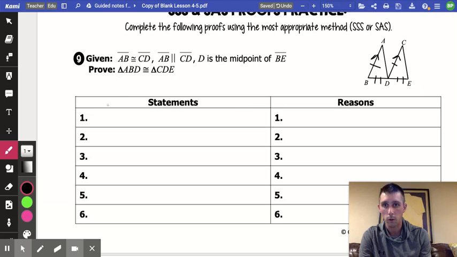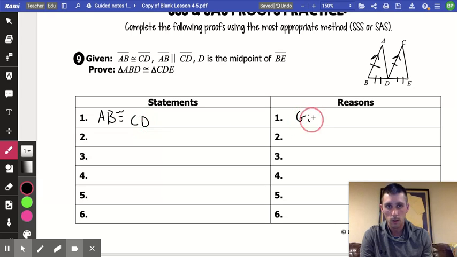Okay, so number 1. What's our given? So our statement AB is congruent to CD. How do we know that? That's given. All right, then we would have AB is parallel to CD, given.